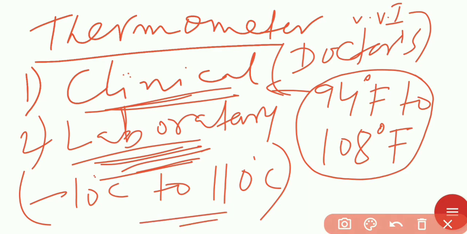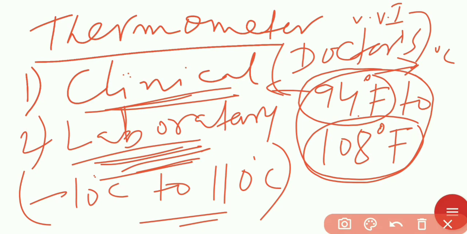Now, here 94 degree Fahrenheit, you have to convert this into centigrade and tell me what is the value of 94 in centigrade and what is the value of 108 degree Fahrenheit in centigrade. Remember this, 94 degree Fahrenheit to 108.